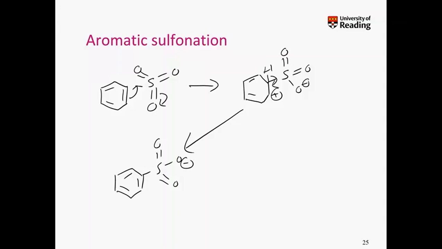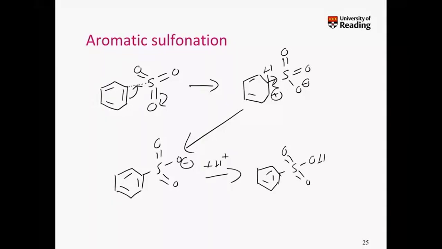Yes, so it's forming the bond between there, yeah. And then at the end of this, you can add H plus to form your benzene sulfonic acid, it's called, benzene sulfonic acid.